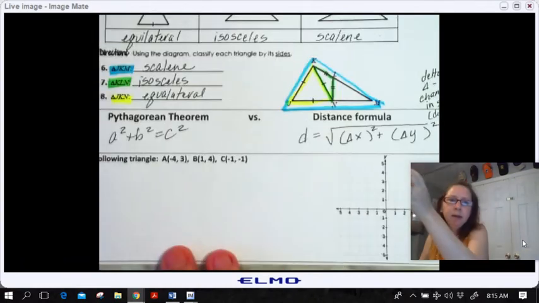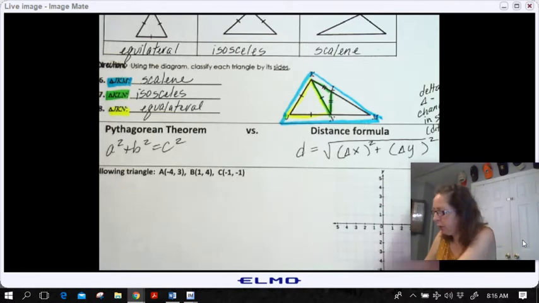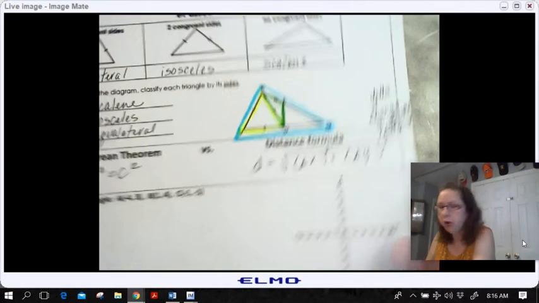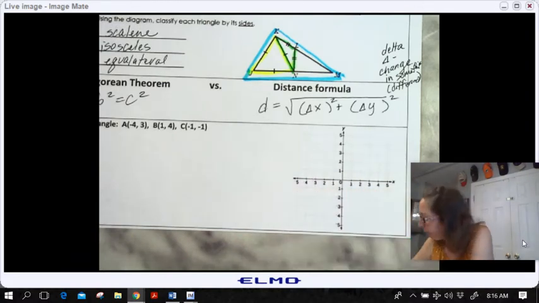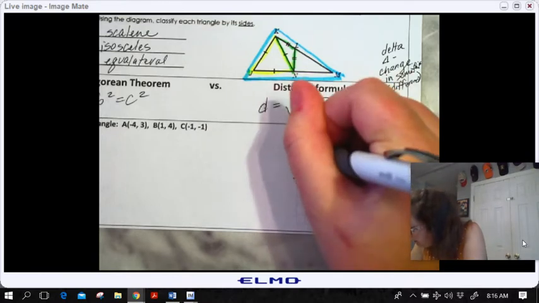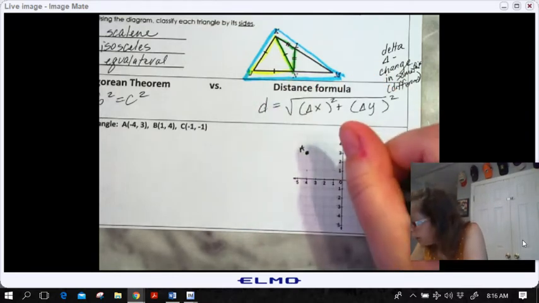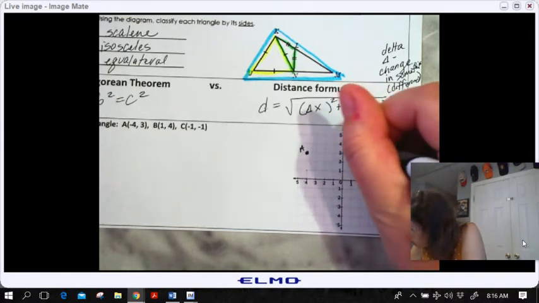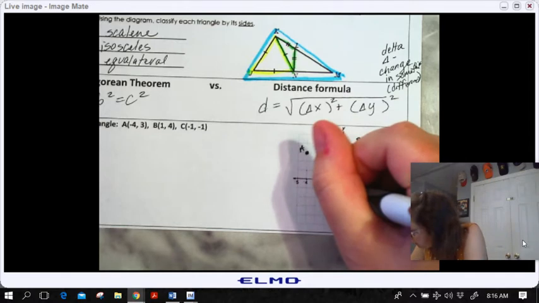So let's go ahead and classify this triangle with these vertices, okay? So I'm going to start by plotting their points, which is why I included a graph here. So (-4, 3) is point A. (1, 4) is point B. And then point C is (-1, -1).